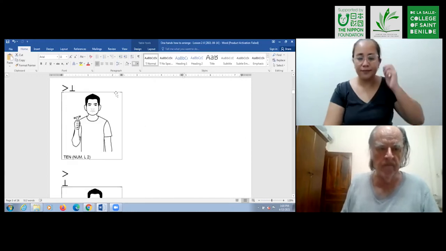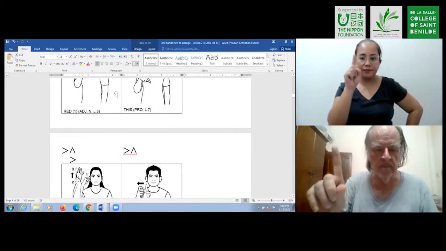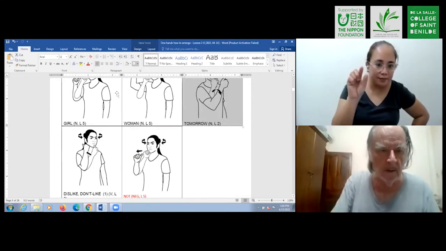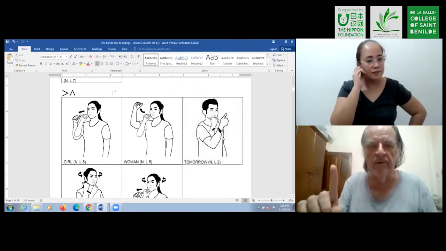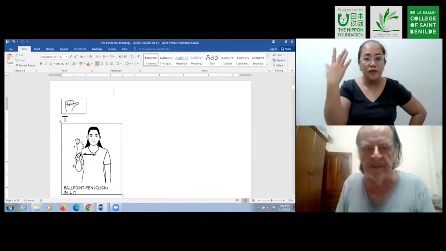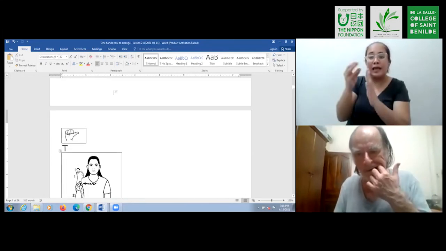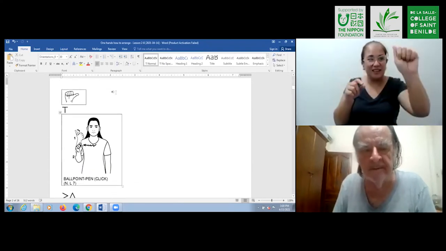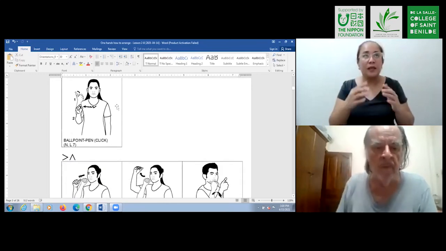Okay. Go up to the next one after this one. So what do we got here? Since we've already finished the first 4 hand shapes, go to the 5th hand shape. So the hand shape after 1.